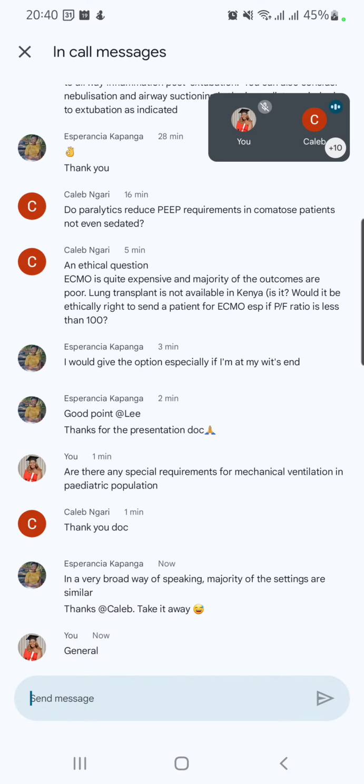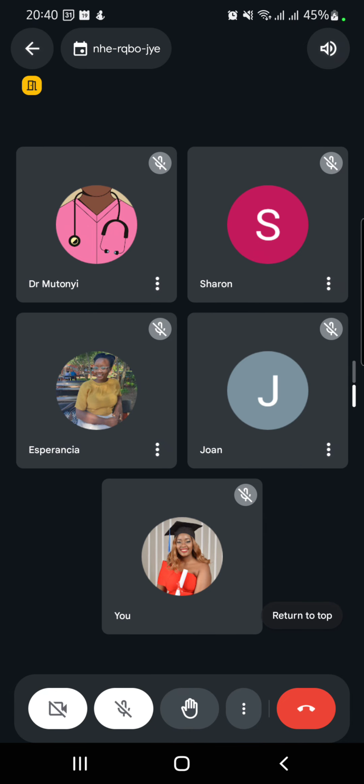Generally, I think the only difference would be, first, we determine doses based on the patient's weight. So the majority of the sedatives and paralytics that we use are dependent on patient weight.